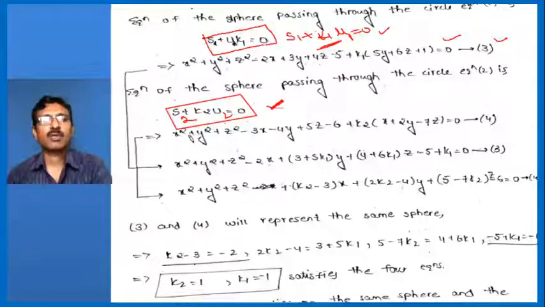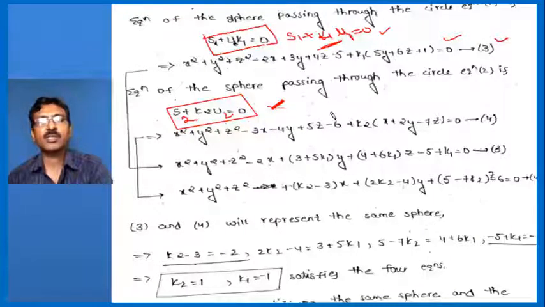The second one is x square plus y square plus z square minus 3x minus 4y minus 5z minus 6 plus K2 into x plus 2y minus 7z equal to 0.